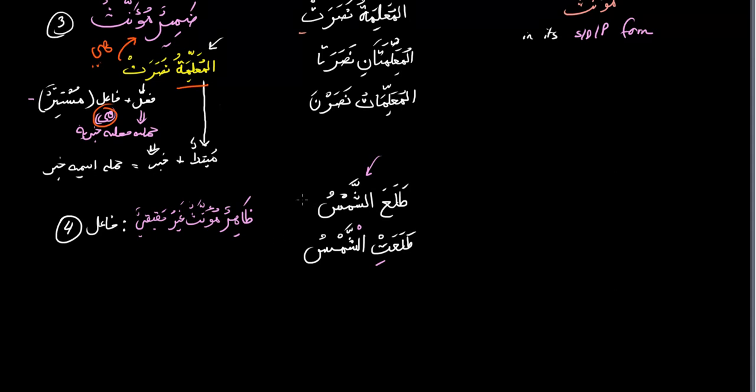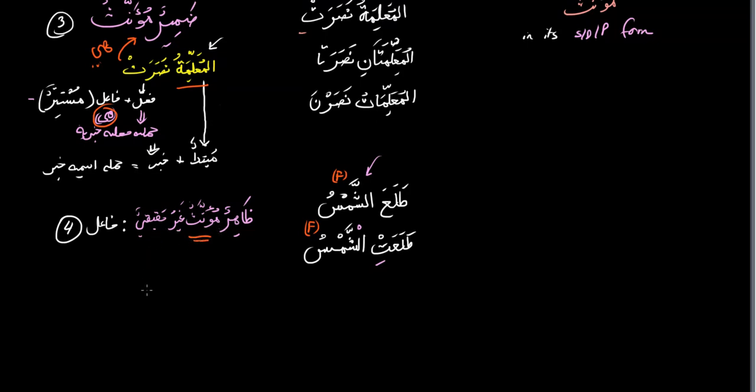So it does not have any of those. So it's ghayru haqiqi, but zahir, you can see it, right? Okay. So shams. So tala'at ash-shams, rose. Okay. So this is a feminine noun. It's a mu'annas. So it's a feminine noun. Okay. Fa'il, right? Okay. Zahir.